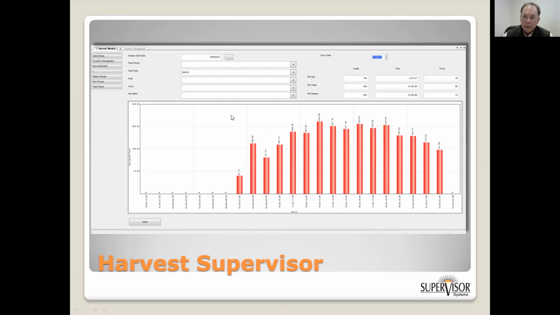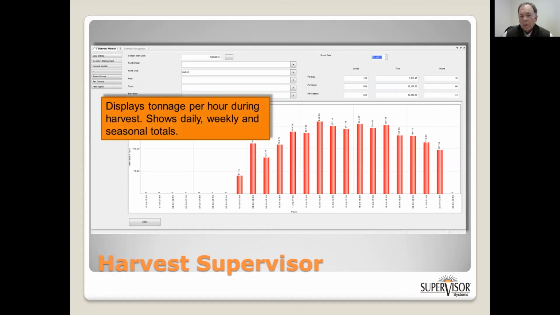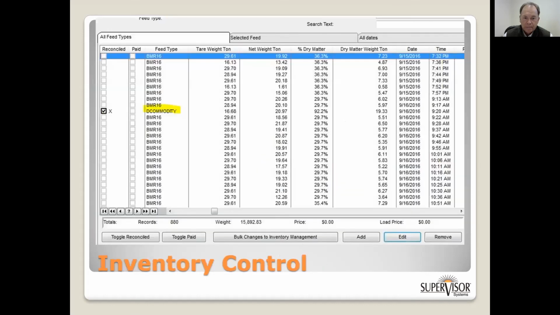You're better able to manage how much weight you're packing with so that we can better manage density in a bunker. You can look at these graphs and then analyze data based on the hour, the day, the week, etc., to know how many tons are being brought into your system.